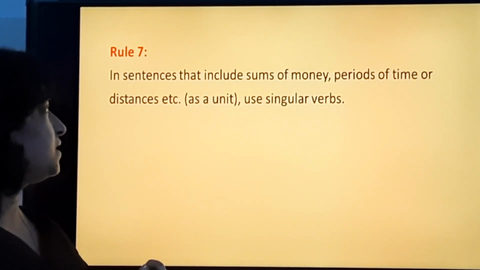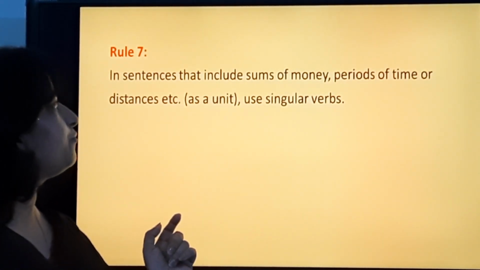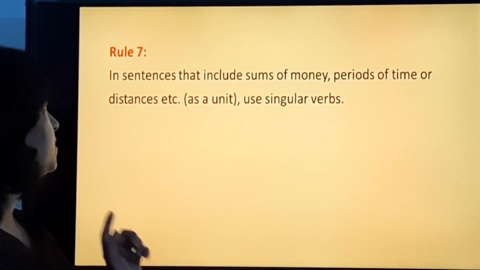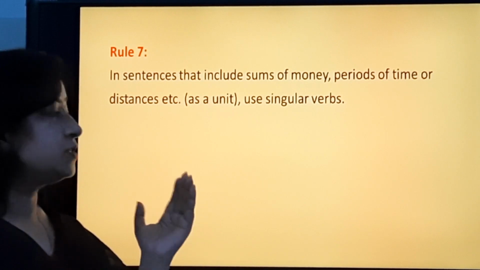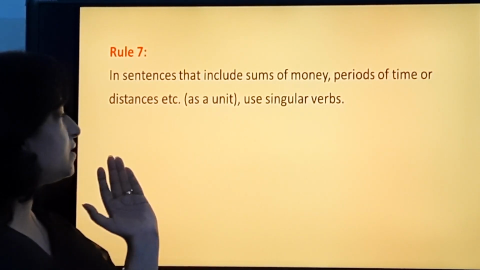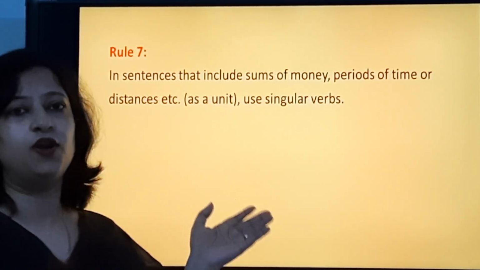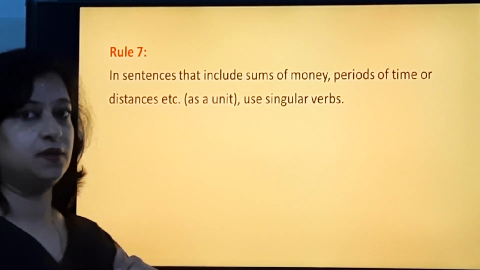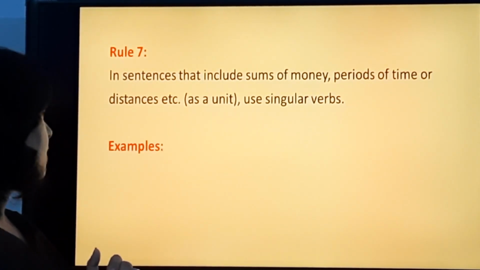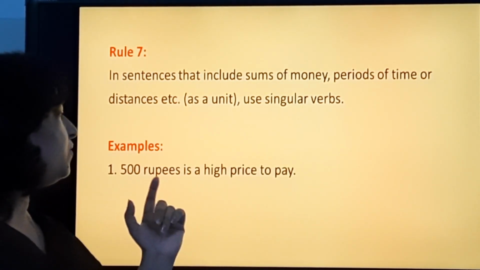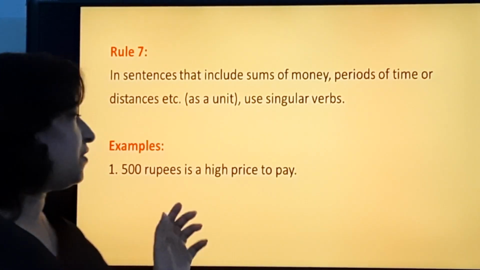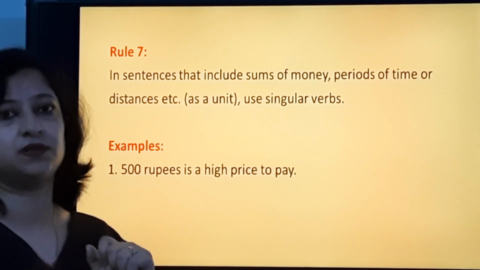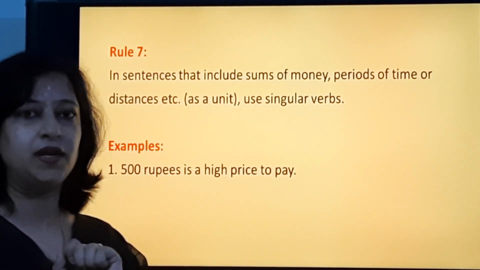In sentences that include sums of money, periods of time or distances, etc., treated as a unit, children, when we use all these things as a unit, we always use singular verbs. How? 500 rupees is a high price to pay. Here 500 rupees is a unit, a sum of money.